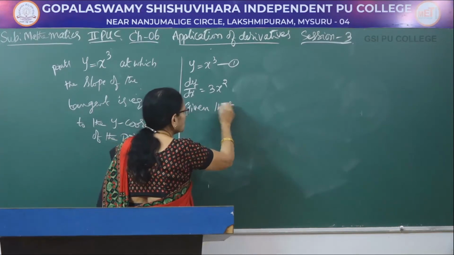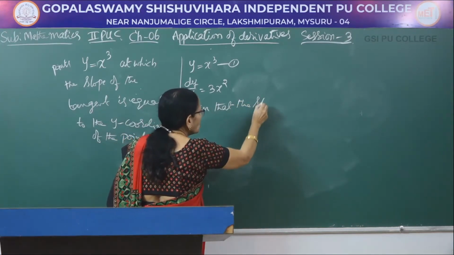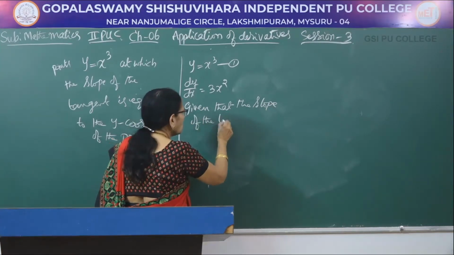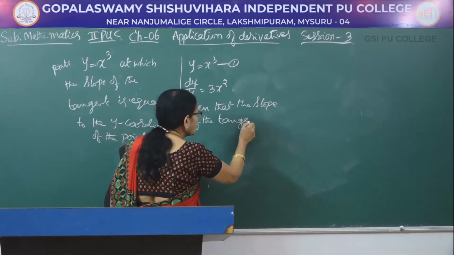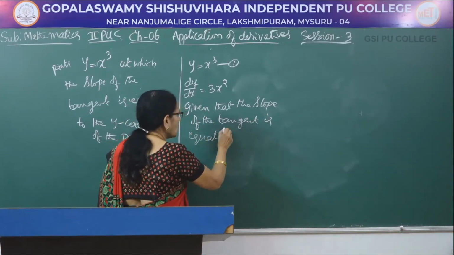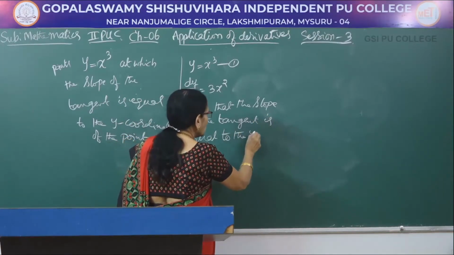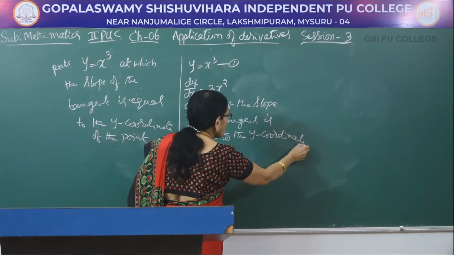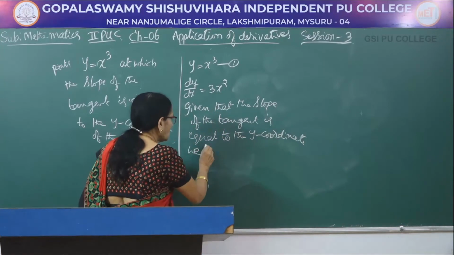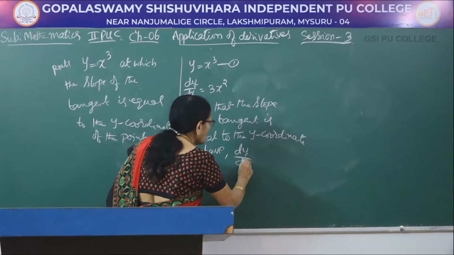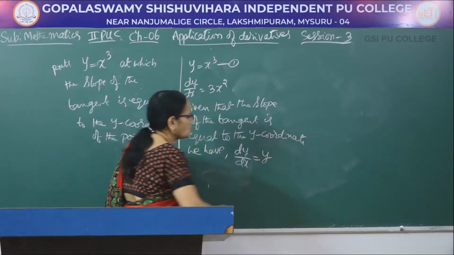Given that the slope of the tangent is equal to the y coordinate, we have slope means it is nothing but dy by dx, that is equal to y.